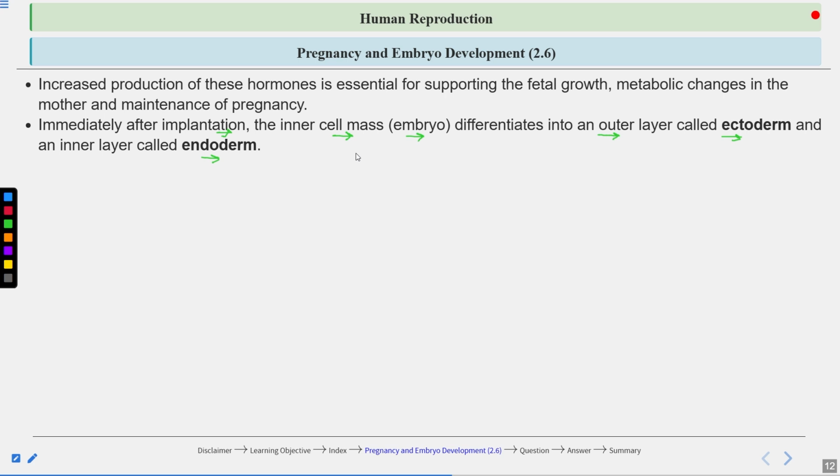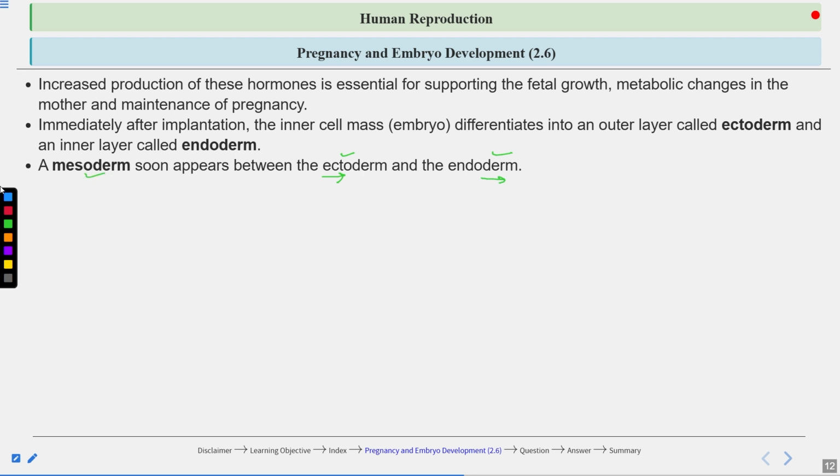Clear? So what is happening first here? The inner cell mass will start differentiating into an outer layer called the ectoderm and an inner layer known as the endoderm. Then a mesoderm soon appears between the ectoderm and the endoderm. Ectoderm is the outer layer, endoderm is the inner layer, mesoderm is the middle layer.